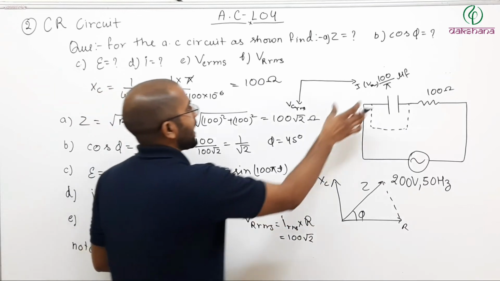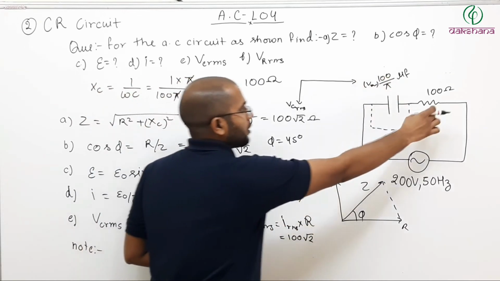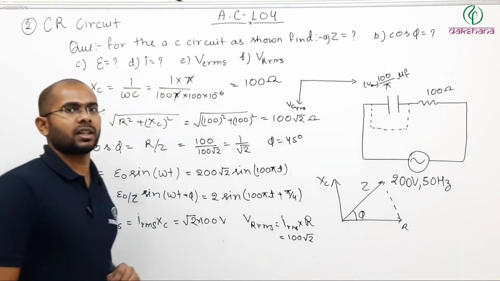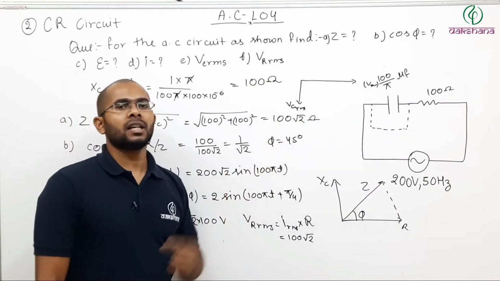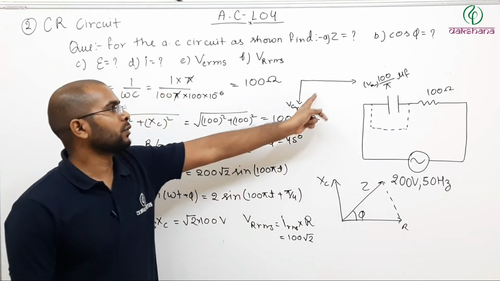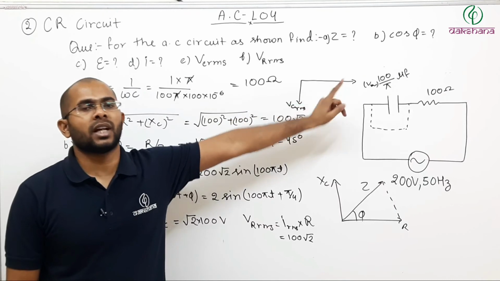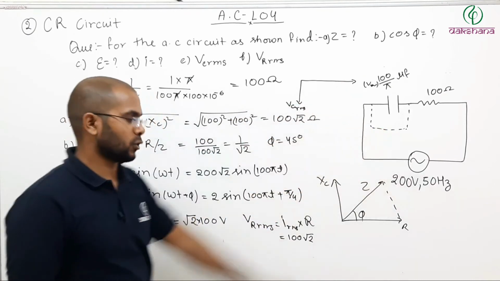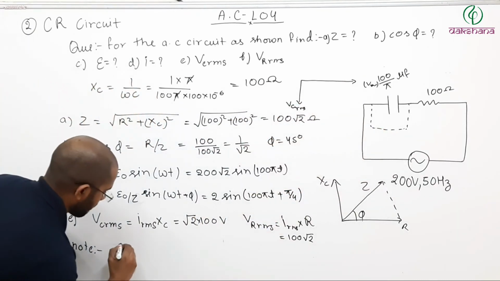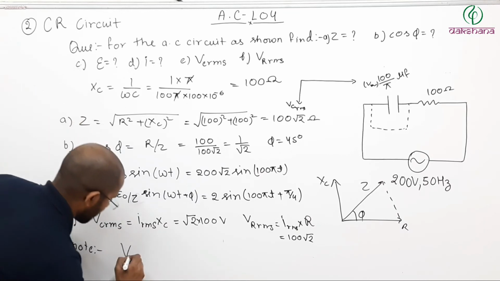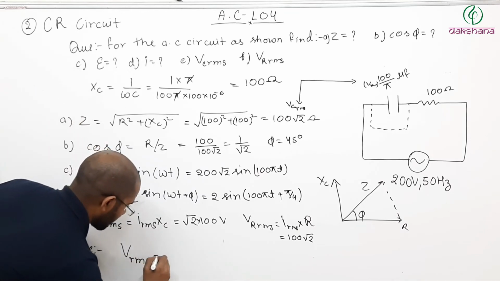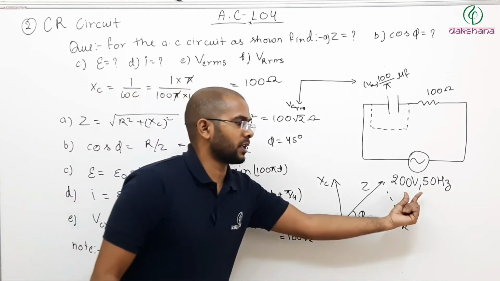So if you want to add the VRMS across the resistor and the VRMS across the capacitor, you have to do a vector sum. You cannot directly add them. Note the VRMS of this circuit. This is 200.